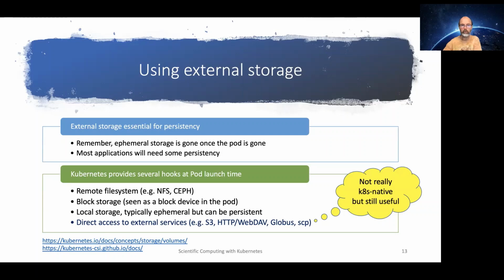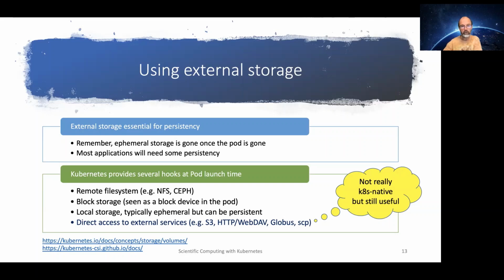Typically, it will be a remote file system like NFS or Ceph. For more adventurous users, you may import block storage, which essentially shows up as a block device inside the container, and you can format it with your favorite file system, or even use it raw if you use a database, for example. It's a set for adventurous users.